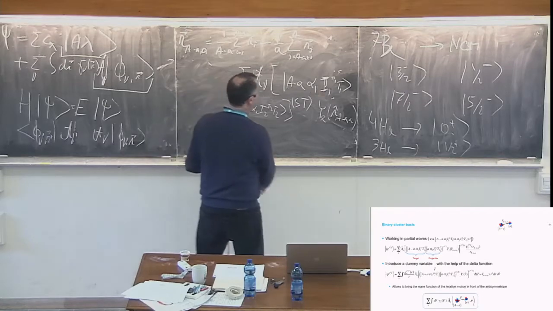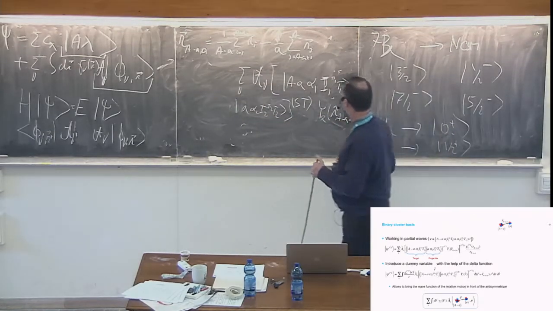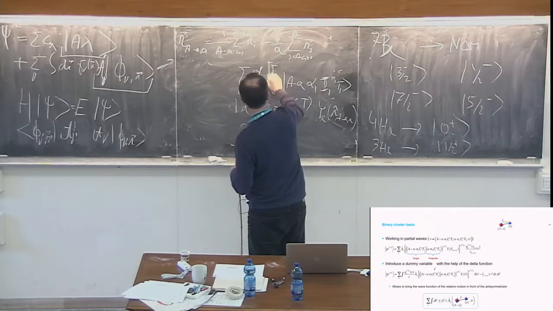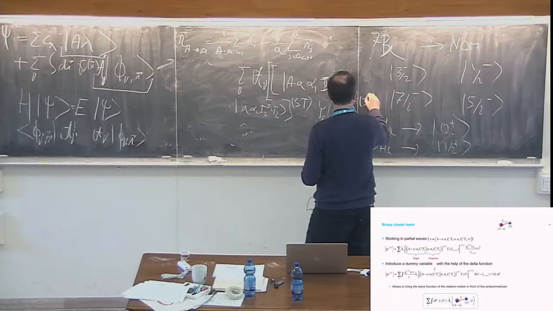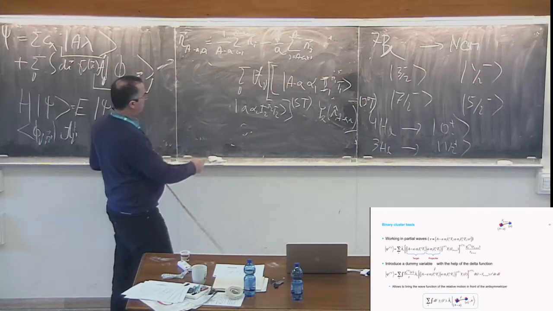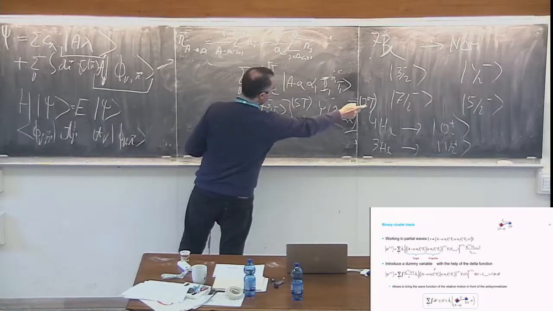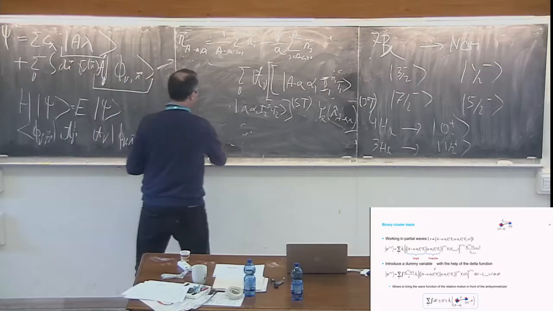Now I need to couple my channel spin with the orbital momentum to a total angular momentum. So I have one more bracket here, and now I couple this to J pi T. I couple S with L to J with a Clebsch-Gordan coefficient, right?